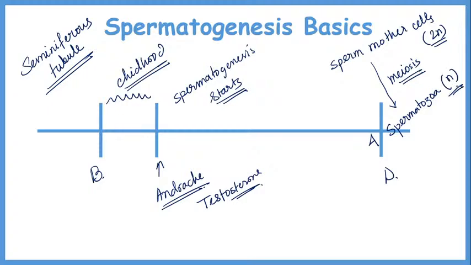This is the basic idea of spermatogenesis, right? So we all know that in meiosis, one cell undergoes two consecutive rounds of division. One is meiosis 1, another one is meiosis 2. After that, one 2n cell gives rise to 4 n cells, or haploid cells, right? So one sperm mother cell gives rise to 4 spermatozoa, right?